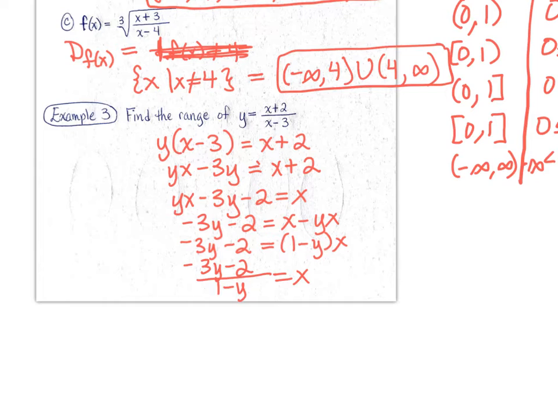Now, we have x is equal to negative 3y minus 2 divided by 1 minus y. Y cannot equal what in order for this equation to make sense? 1. Very good. Y cannot equal 1.